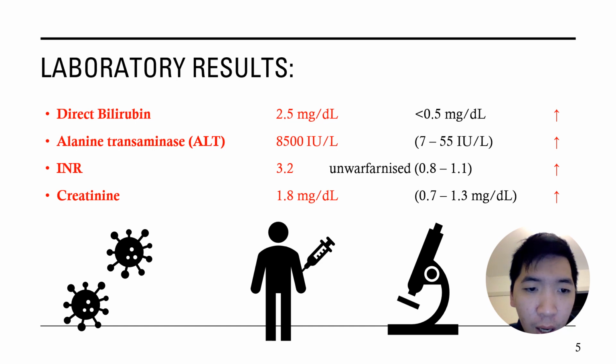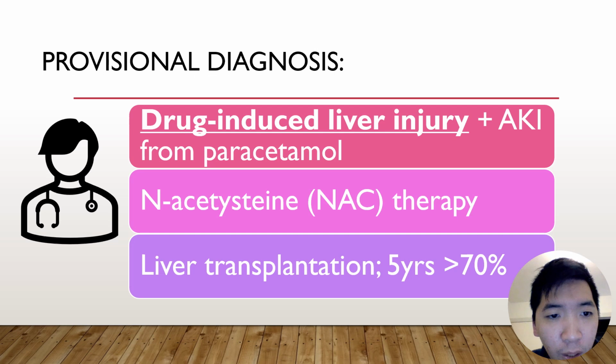Lastly, a high creatinine suggests acute kidney injury, which is consistent with drug poisoning, as paracetamol can accumulate over time, causing nephron toxicity and tubular damage in overdose settings. Therefore, it is suspected that the patient has a drug-induced liver injury and acute kidney injury from paracetamol overdose.